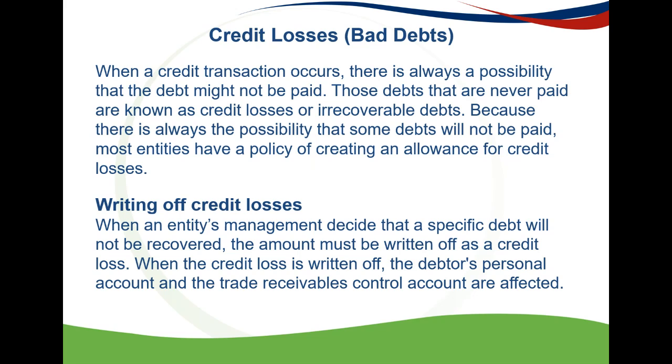Now, when we sell on credit, there's always a possibility that our customers or clients, debtors, won't be able to pay us back. Suddenly there is COVID. If you think back, COVID that we had recently, businesses suddenly came to a stop because you could not buy and sell for a time period with the total lockdown.